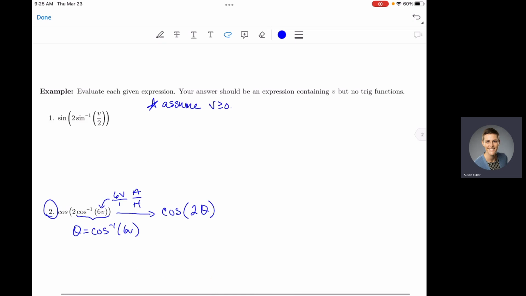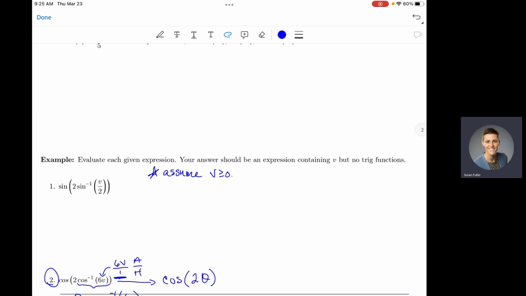So for instance, here in what I'm given, I have the cosine value of theta already, right? Because inverse cosine is going to give me the angle theta that has a cosine value of 6v over 1. So I know that the cosine of theta is going to be 6v over 1.